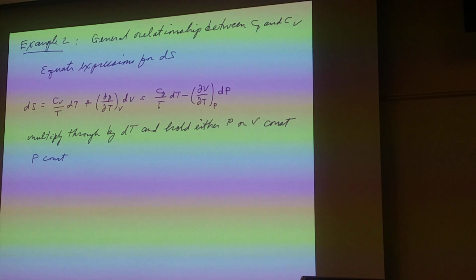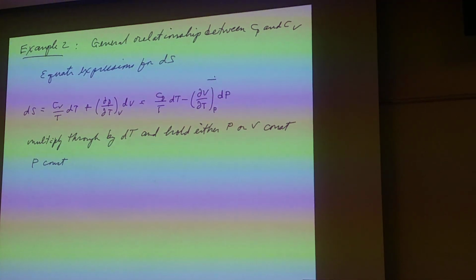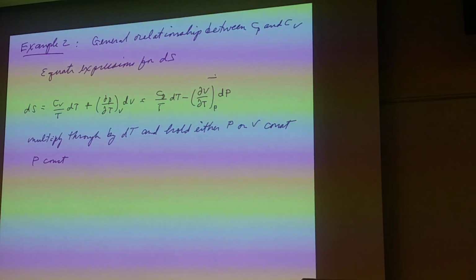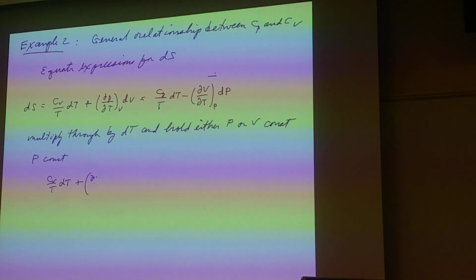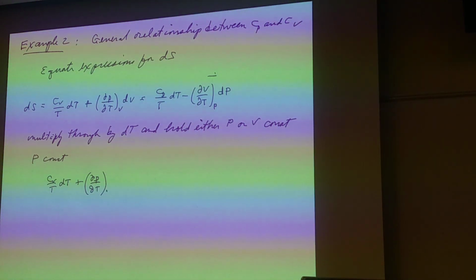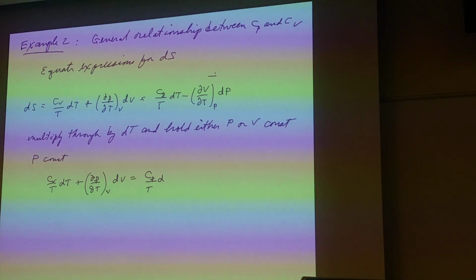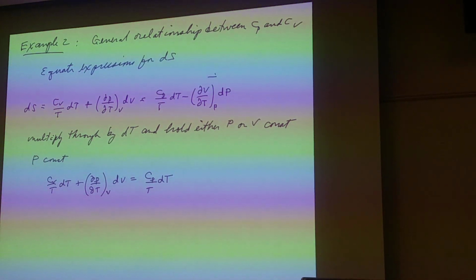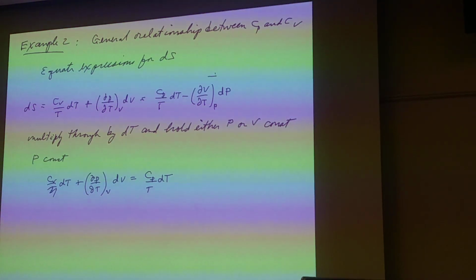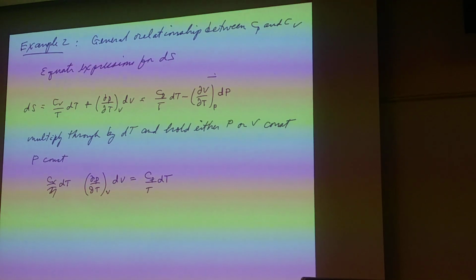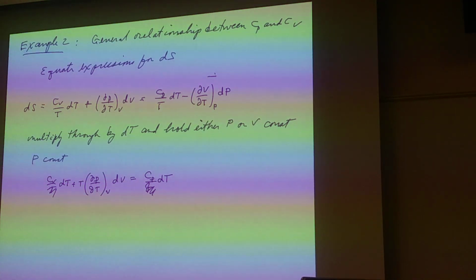So if I hold P constant, then this last term goes out, and I'm going to end up with, okay, now let me just multiply through by T here. And then I'll divide by dT.